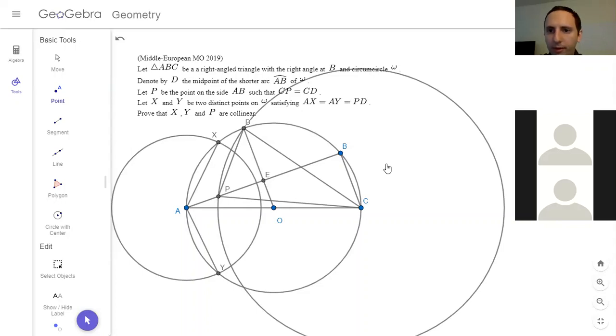So if we rewrite PA squared minus PD squared equals PA times PB, that's the same as saying that AP times AB is PD squared. That's interesting. If we added PA squared to both sides of that equation and rewrote it, it's the same as saying that AP times AB is AB squared.